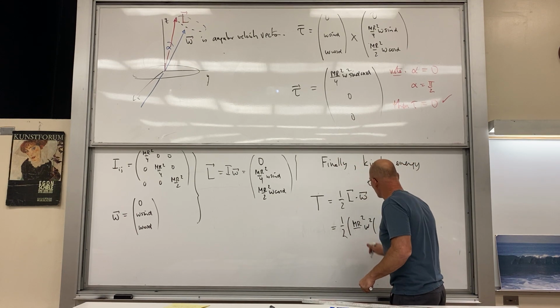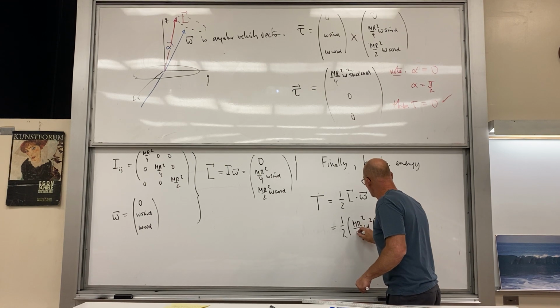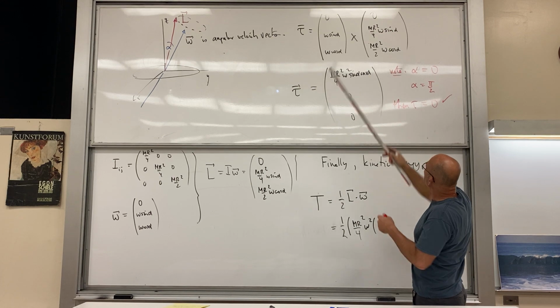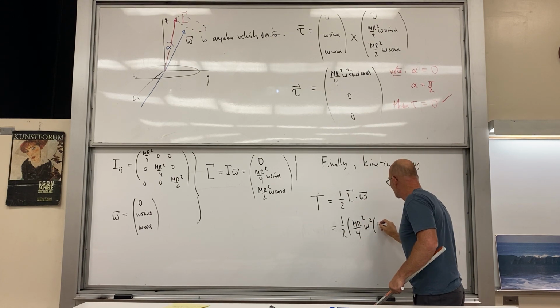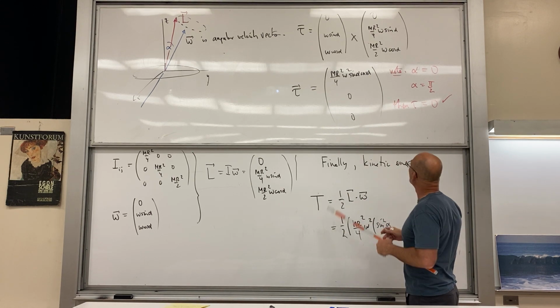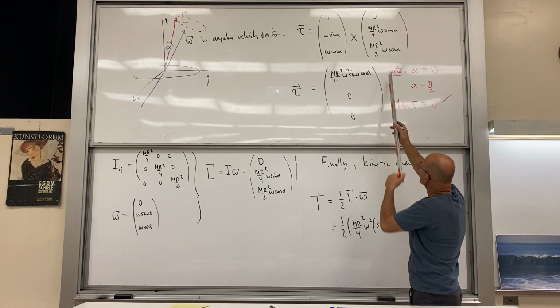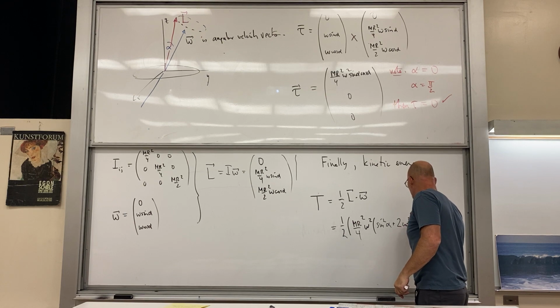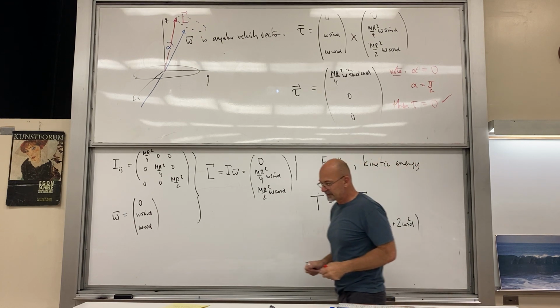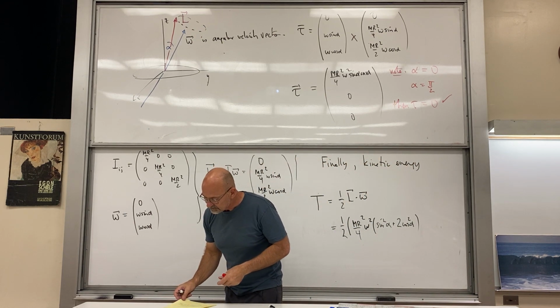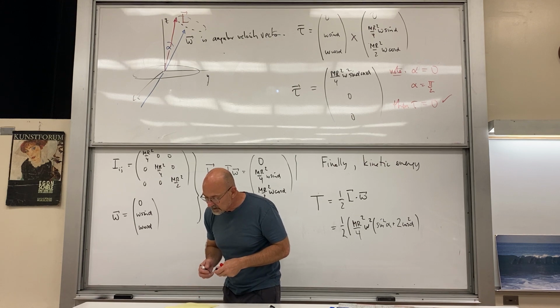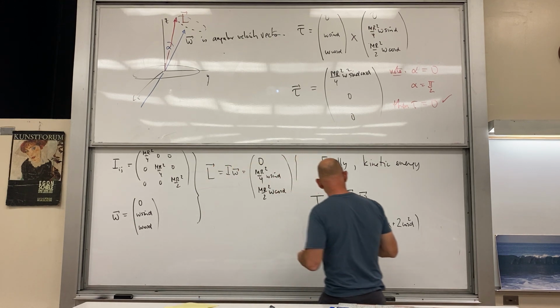We'll do mr squared over 4, mr squared over 4, omega squared sine squared alpha. And then we'll have twice as much there, so 2 cosine squared alpha. And this will simplify.